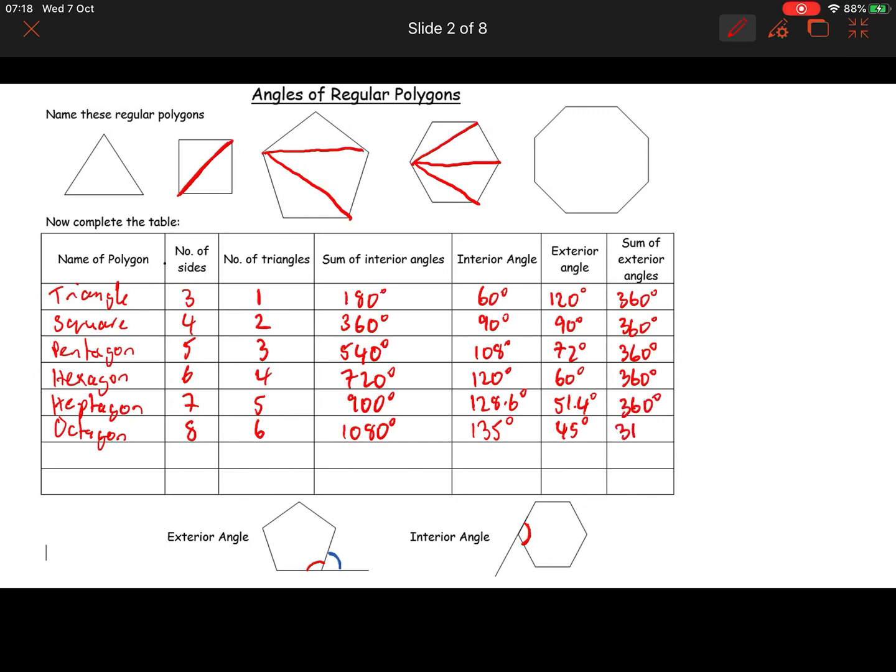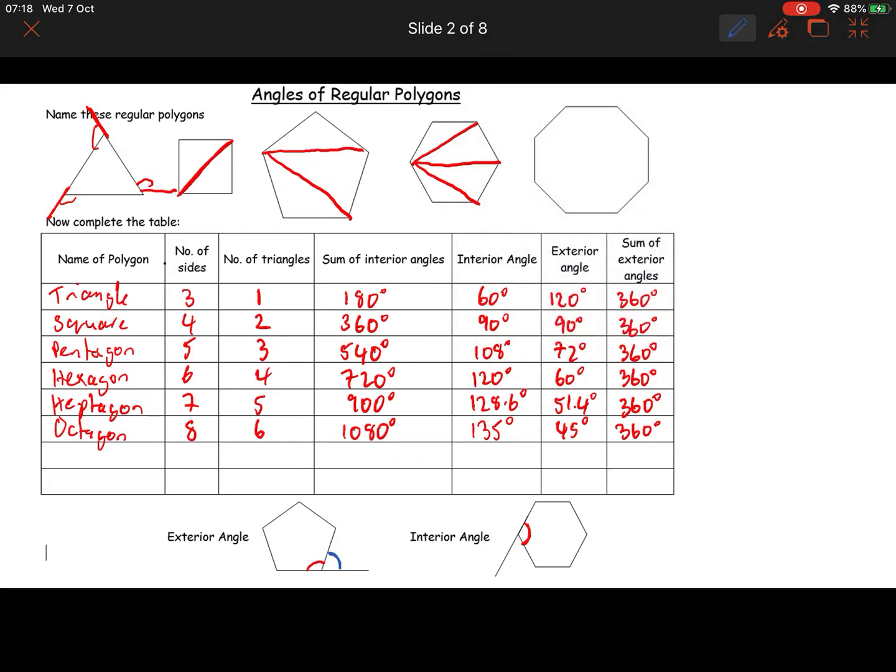Hopefully remember that fact, that the sum of exterior angles for any polygon, no matter whether it's regular or irregular, is always 360 degrees. And that kind of makes sense because if we look at the triangle over here, all we're doing is going round in a circle, and a circle has 360 degrees in it.